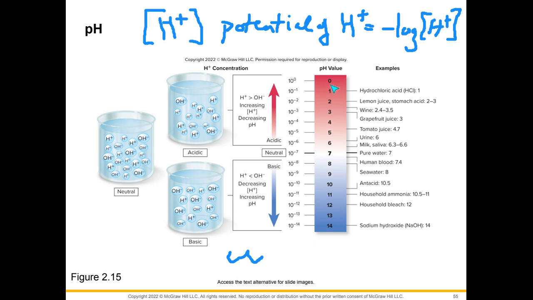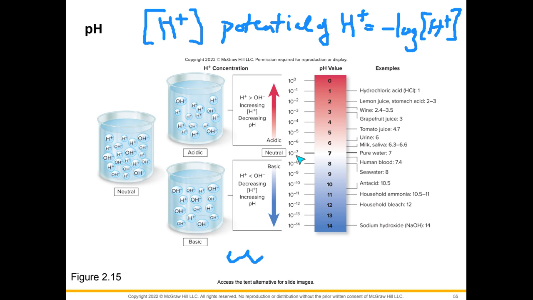The highest concentration of hydrogen ions is when pH is 0, and the lowest is pH 14. So this is the hydrogen ion concentration, 10 to the minus 14. Remember, pH is defined as minus the log. So 10 to the minus 14 gives a pH of 14, okay?